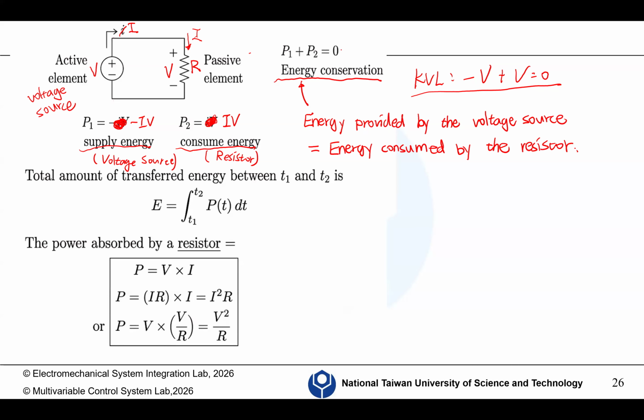But in reality, when you are talking about power, for example, how much power do you need to charge your cell phone? The power here, we always mean a positive value. We do not say negative power. We just say power, because if it's a cell phone, we know it always consumes energy.